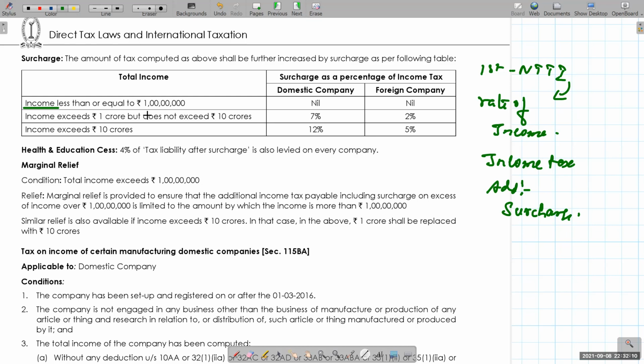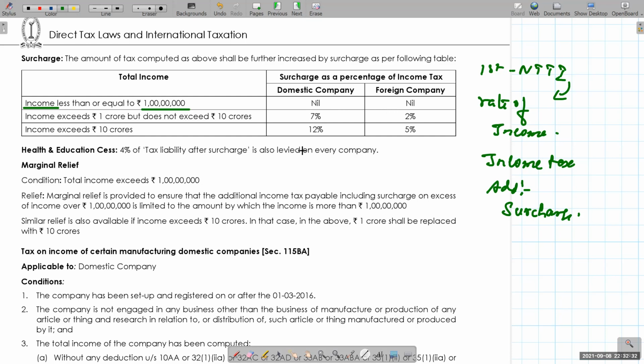is less than or equal to 1 crore, then for a domestic company it is nil. Whether it is a domestic company or a foreign company, if that company's income is less than 1 crore, there is no surcharge.